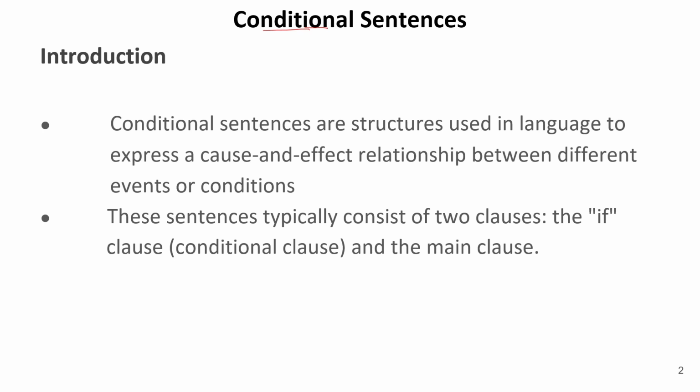In conditional sentences, we see there are two clauses. First clause, and then we have second clause. This is the basic structure of a conditional sentence, that the sentence is written in two clauses. Now what happens?